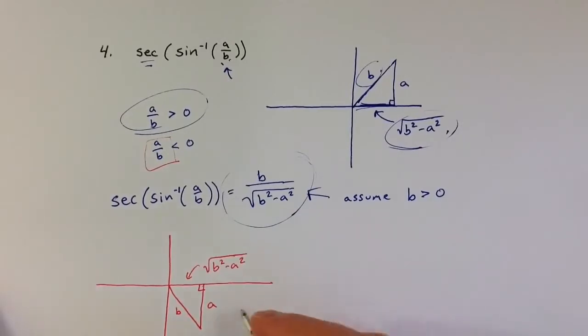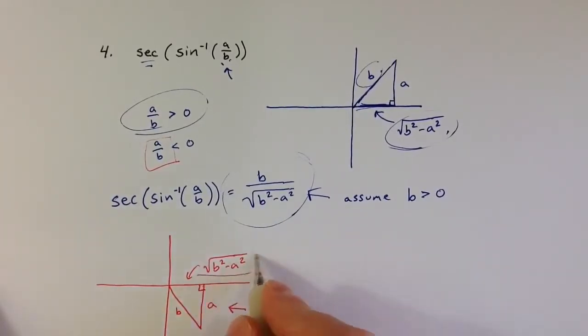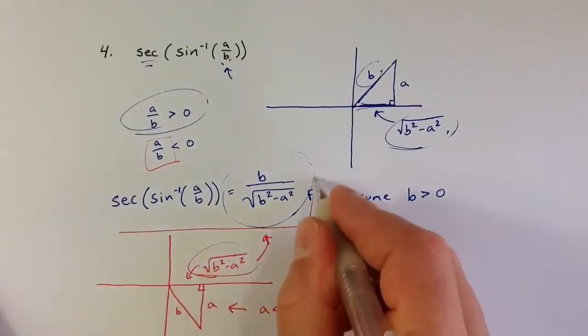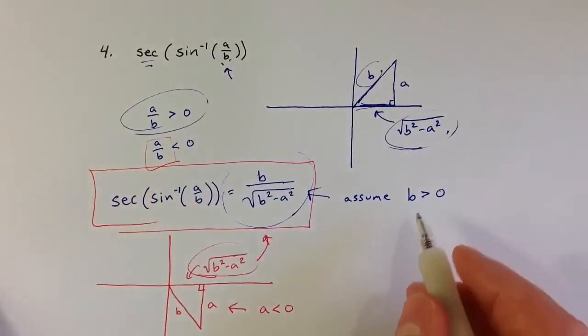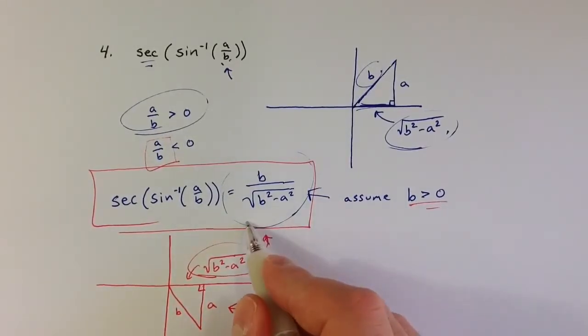And so now in this diagram, a is less than 0, but when I square it, it's going to become positive, and so this amount would be exactly the same, and so our answer would be exactly the same, of course assuming that the actual number that b represents is positive, because I want my final answer to be positive.